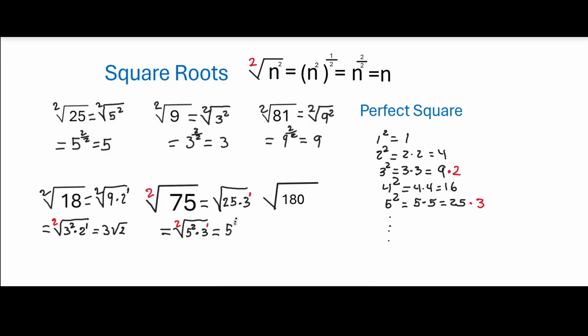Because the exponent is 1, we don't write the 1. And you see how this number 2 doesn't divide 1? Because it doesn't divide 1, that means that number 3 is going to stay inside the square root. Okay? And that's how we're going to get the answer.